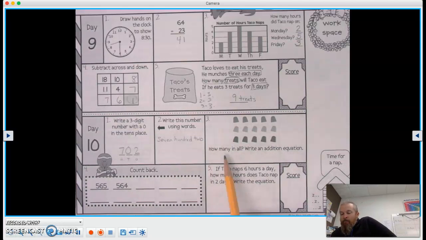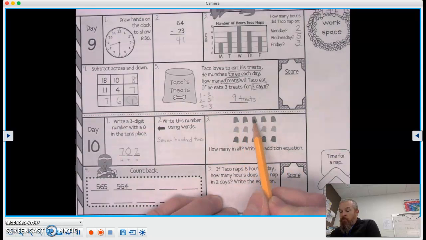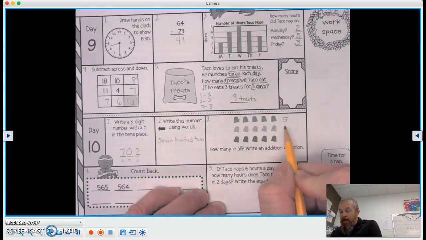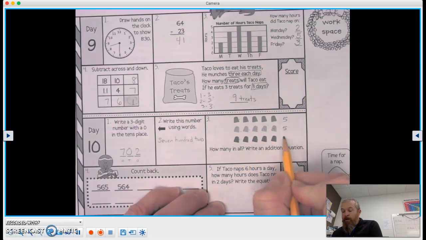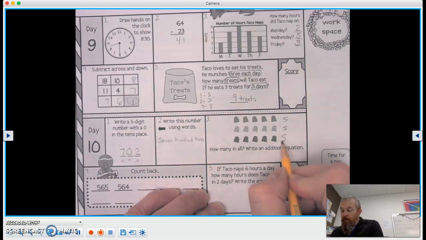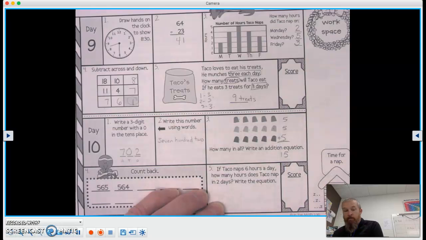Okay, number 3, how many in all? Write an addition equation. So we're going to say, let's go 1, 2, 3, 4, 5. 1, 2, 3, 4, 5. And 1, 2, 3, 4, 5. So 5, 10, 15. So we can go 5 plus 5 plus 5 equals 15.